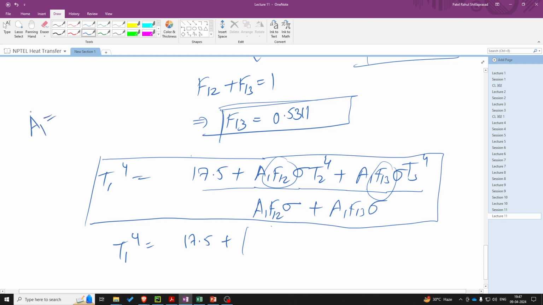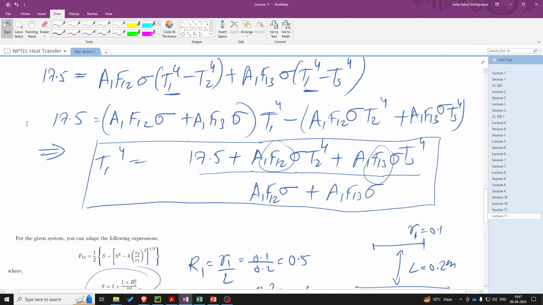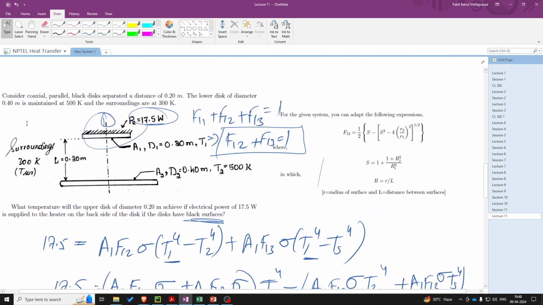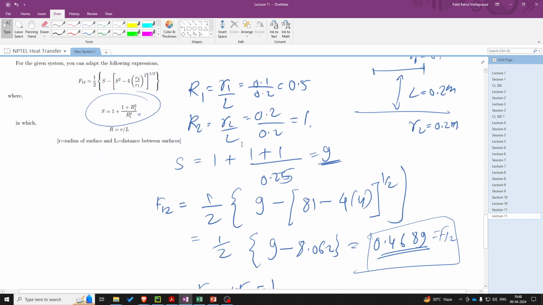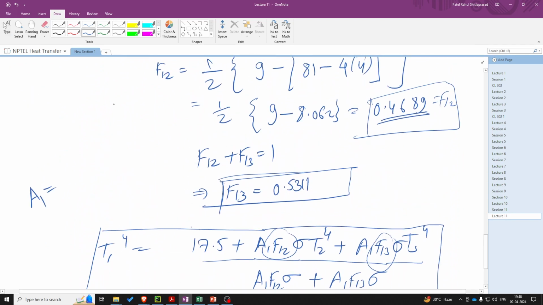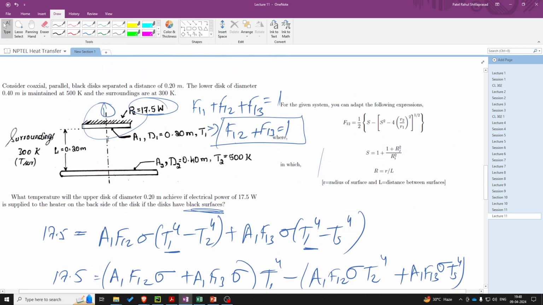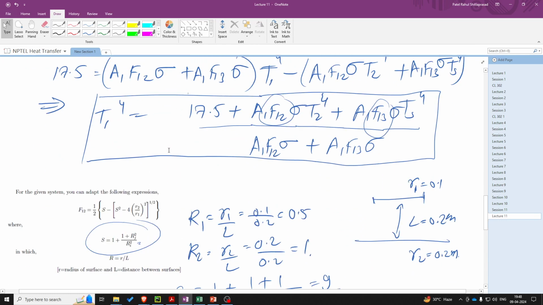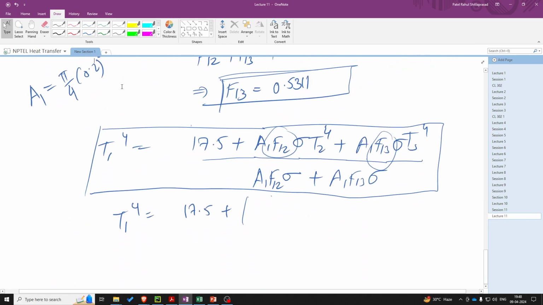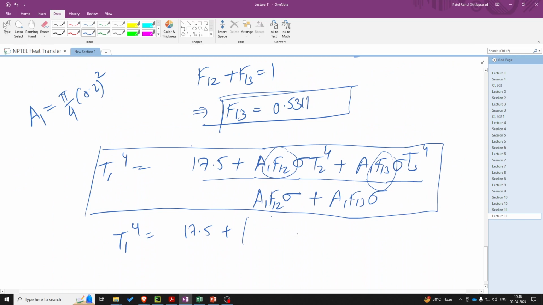So the value of A1 will be equal to pi d square by 4, so this will be the value of area A1.